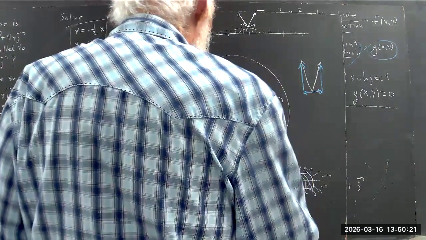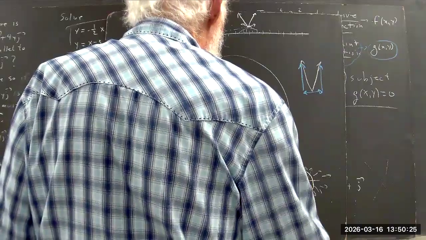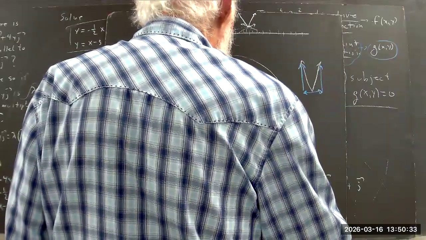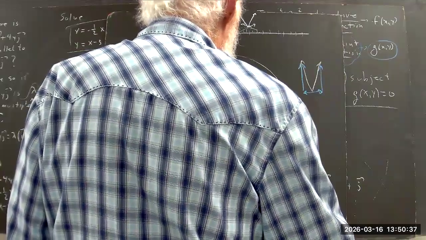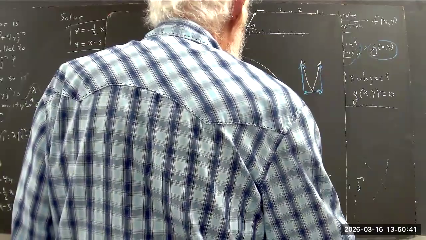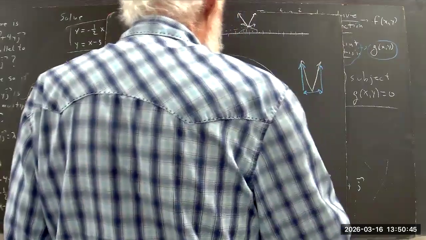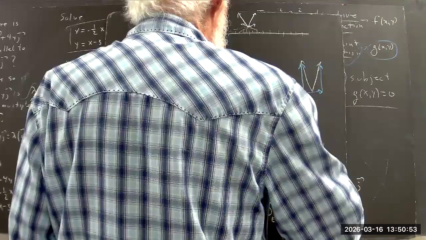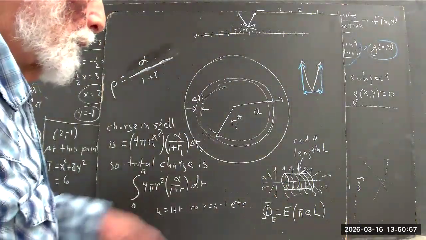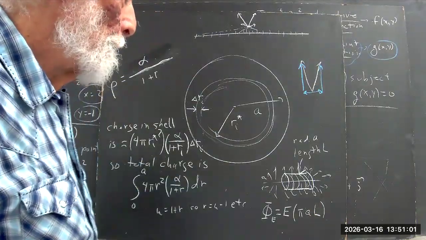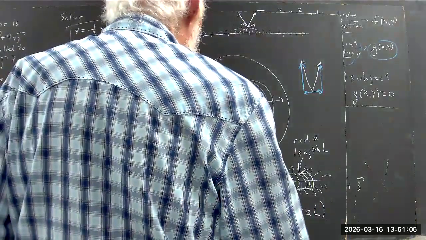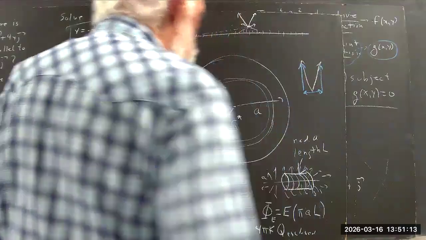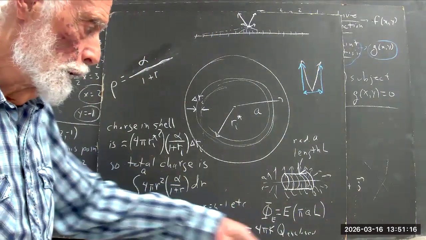In that case, for a cylinder of radius a and length L, the flux is E times A times L, which is equal to 4 pi K Q enclosed.